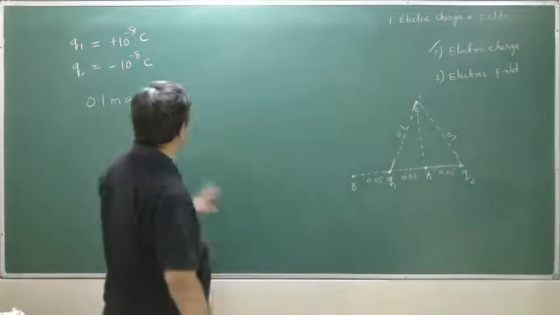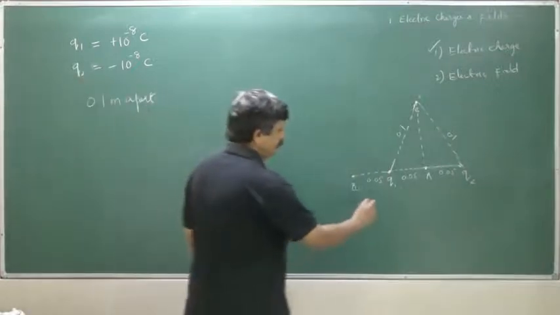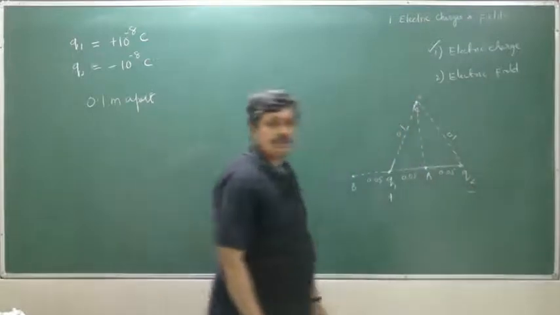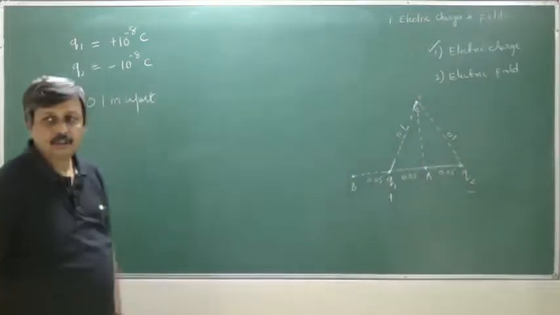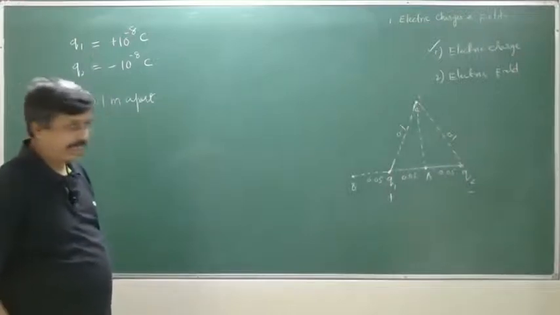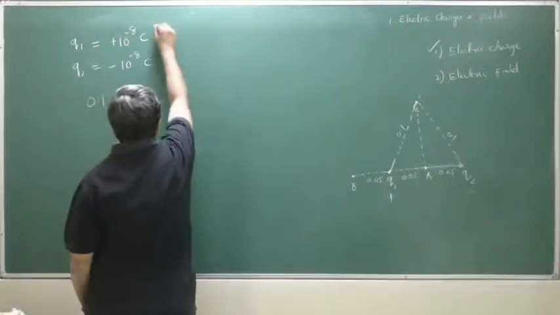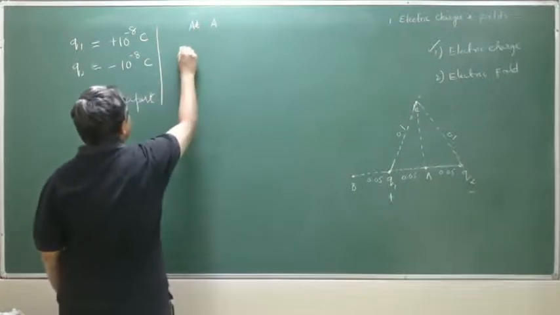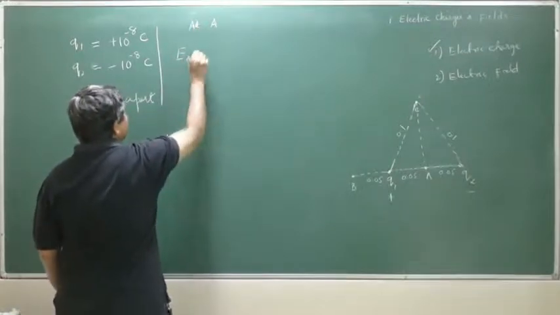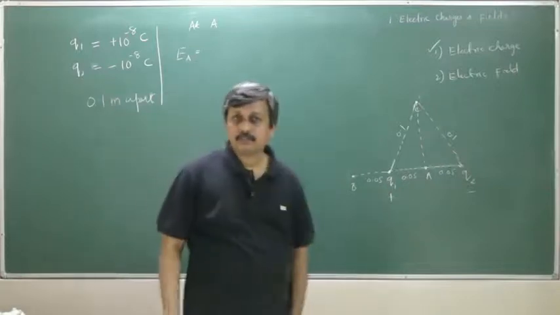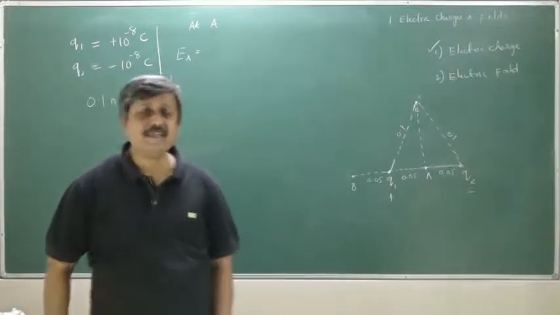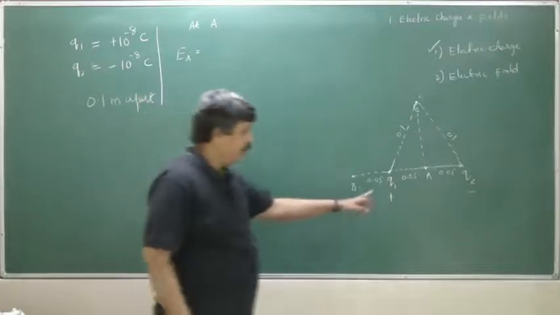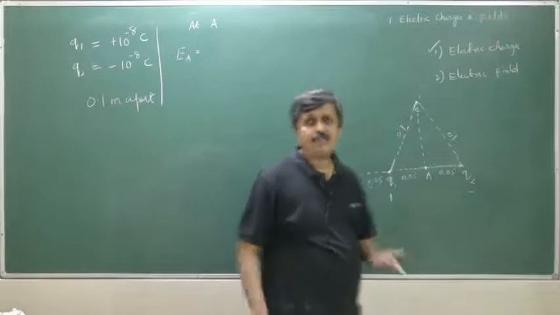What is kept at Q1 is a plus charge, what is kept at Q2 is a minus charge, that is all that is important. Now first let us calculate at A. We will say E at A, the electric field at A. The electric field at A can be calculated due to Q1 and due to Q2, and we have to add them.